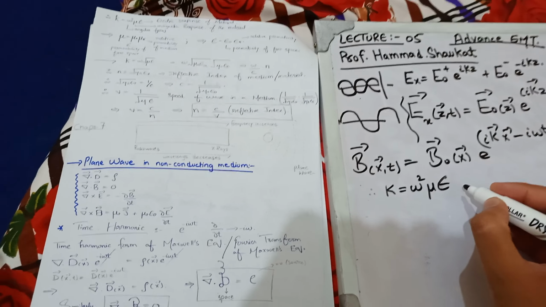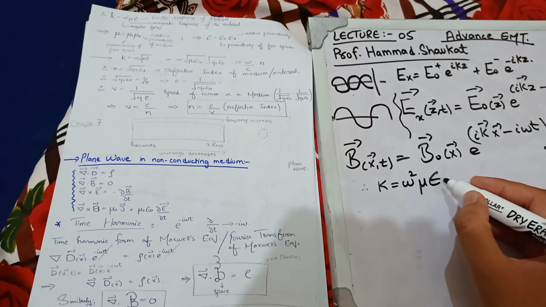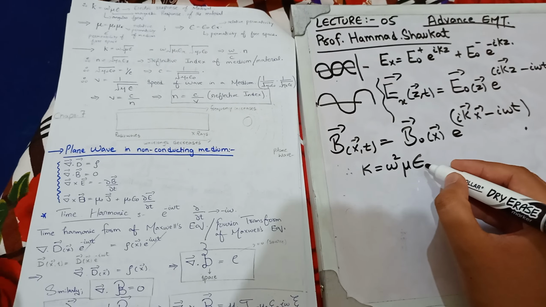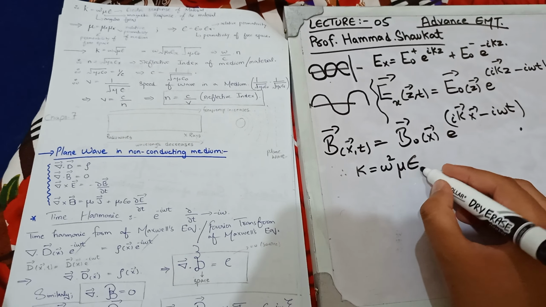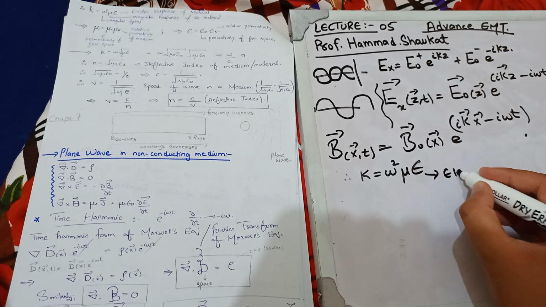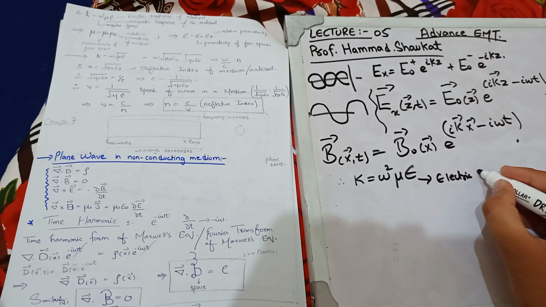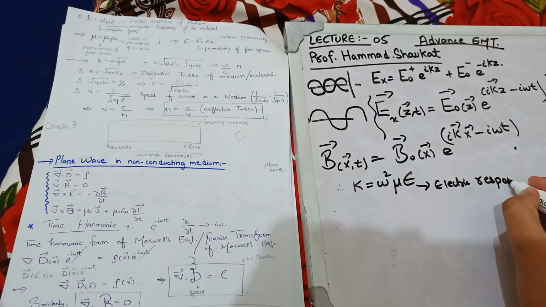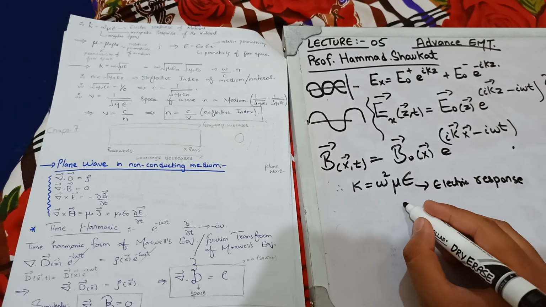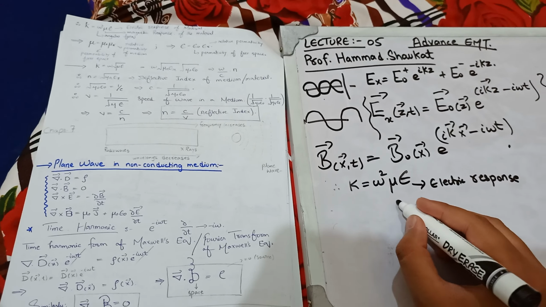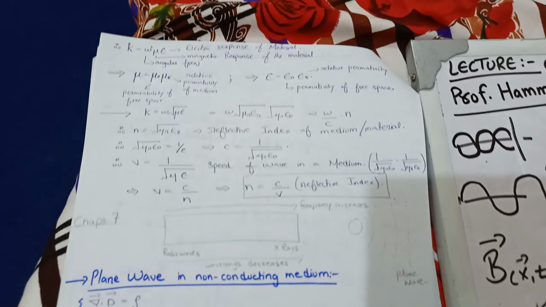You already know what epsilon is. Basically it's the electric response of the medium, or you can say material, and mu is the magnetic response. These are the electric and magnetic responses of the material.